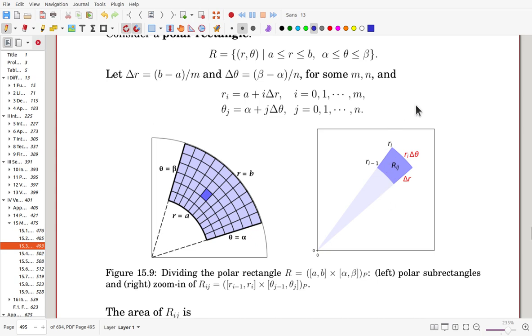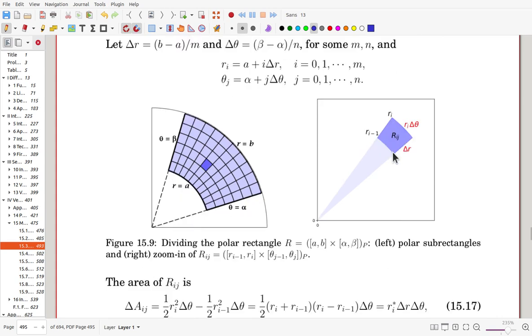For the Riemann sum, we have to get the area of this region and find the function value from a point in this region, so that locally we find the local volume. These volumes will be added to get the Riemann sum. So we have to get the area of this region.